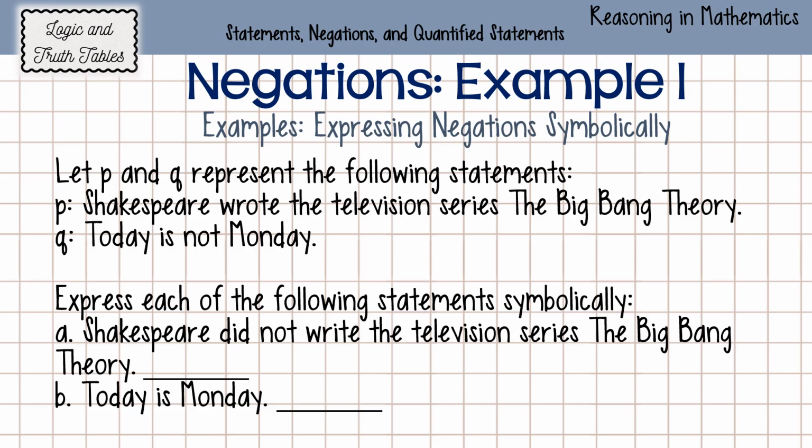So Shakespeare did not write the television series. P is saying he wrote it. This is saying did not write it. So that is not P. Let's look at Q. Today is not Monday, but part B down there is saying today is Monday. So that would be not Q.